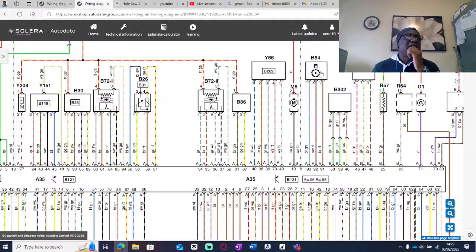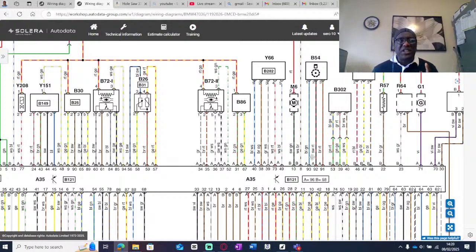Right, so there is a crankshaft sensor. Usually this one will be a Hall type sensor. You have a power, ground, and a signal. You can see with this sensor, every wire leads to the ECU.